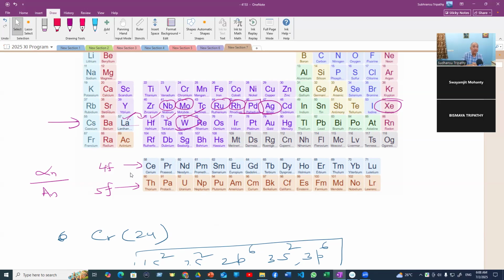Similarly, IUPAP is a body in physics which decides what rules we will follow globally. They are challenging: they do not carry f electrons, so let us put it in the d block. Why are you emptying the d? That position is being vacant and you are keeping it down. So they are shouting, the number is small, but others are following the IUPAC rule.